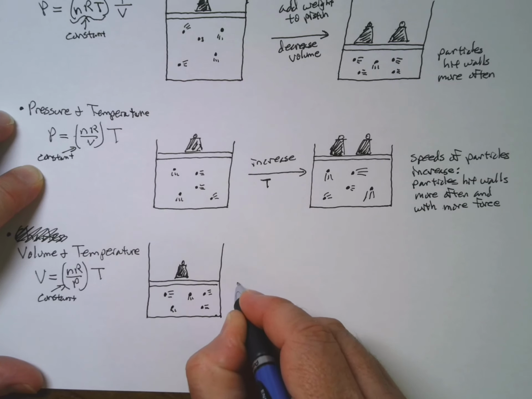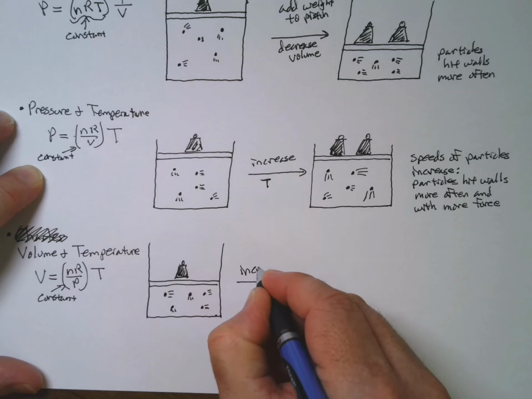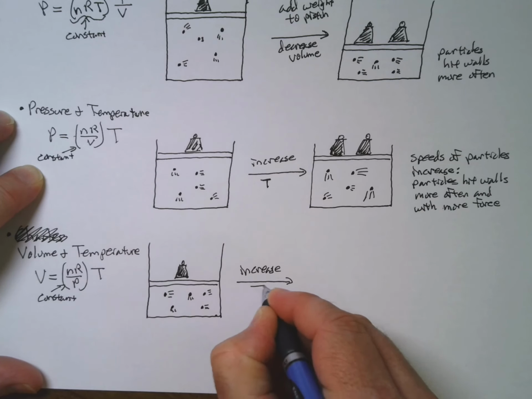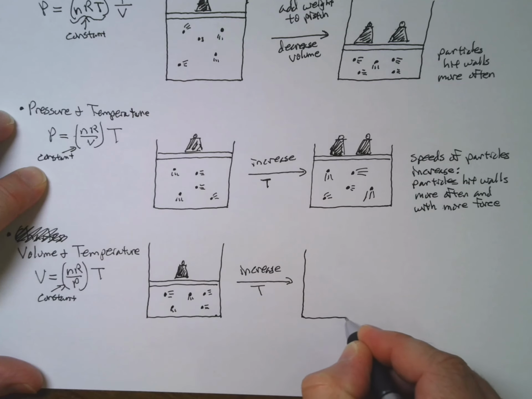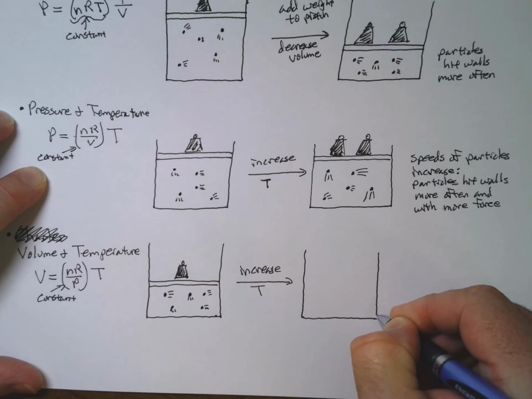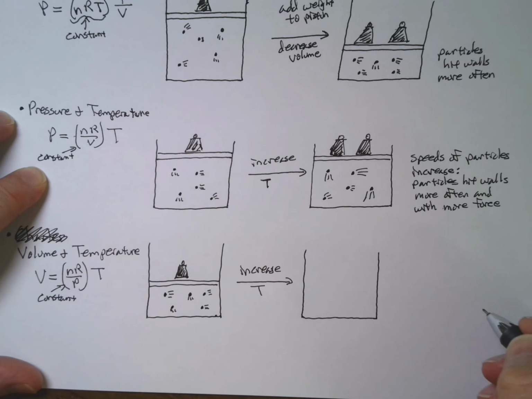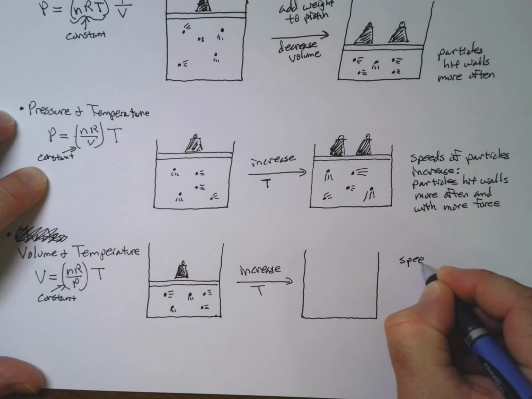That's supported by the pressure of the gas molecules. We'll increase our temperature. And what happens? Well, the gas molecules, their kinetic energy increases. So again, the speeds of the particles increase.